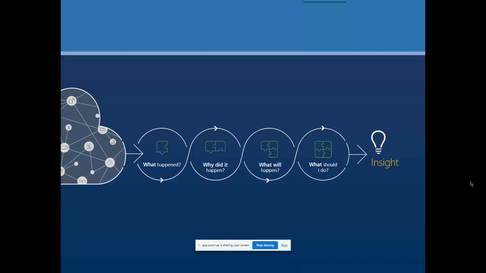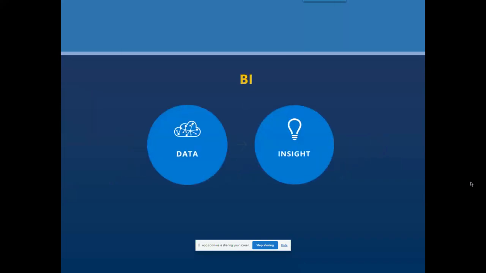What will happen? Can I predict that there will be a delay in a project? Can I predict that my spend will be more than my forecasted? And what should I do? Until you have answers to these types of questions, it is very difficult to take action.